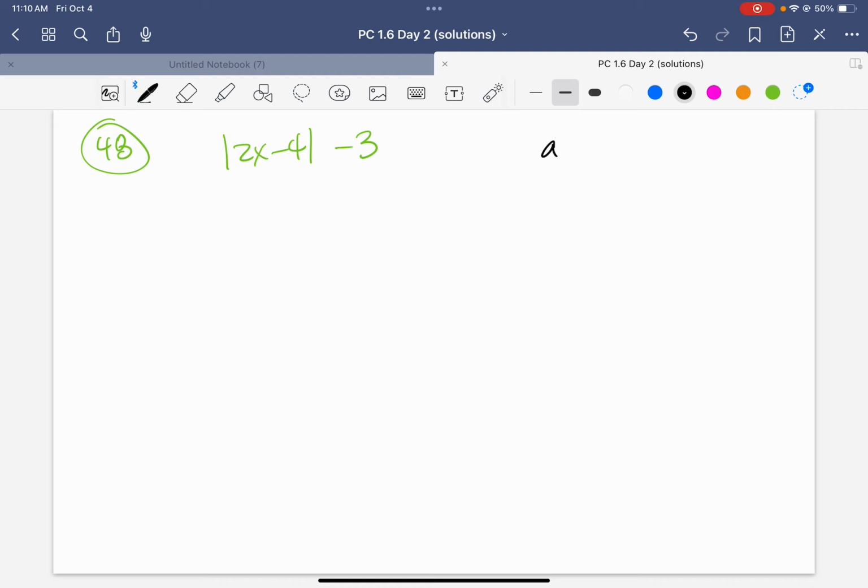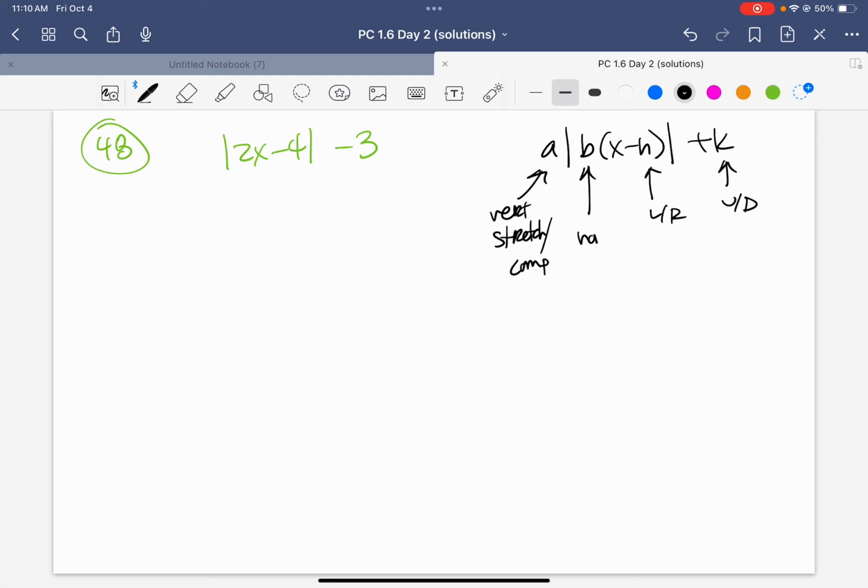On these, I like to see a|b(x - h)| + k, where h tells us our left-right shift, k is our up-down, a is our vertical stretch or compress, and b is our horizontal stretch or compress.